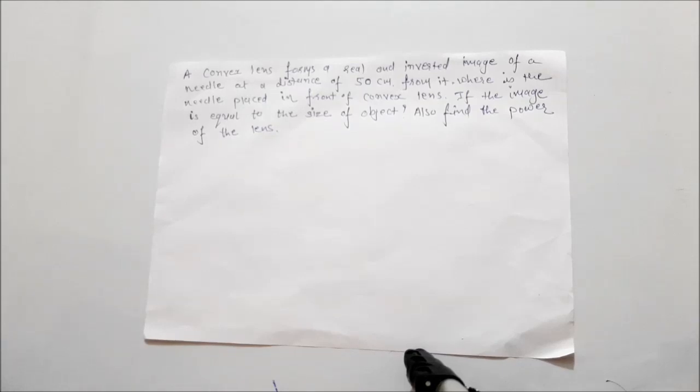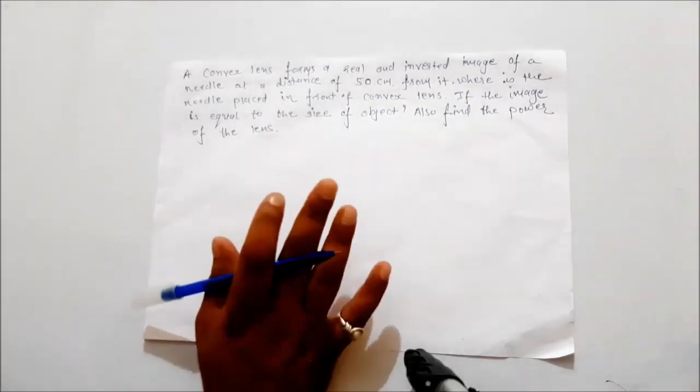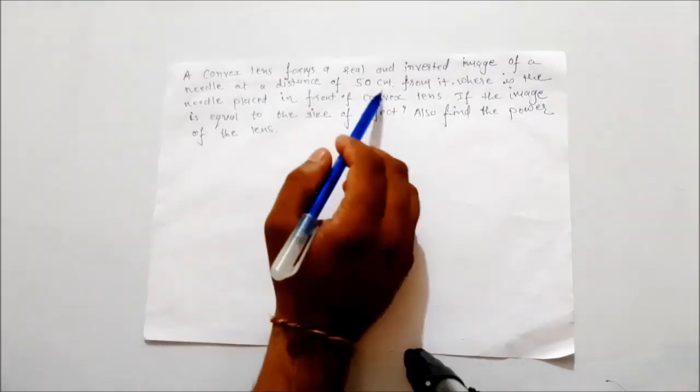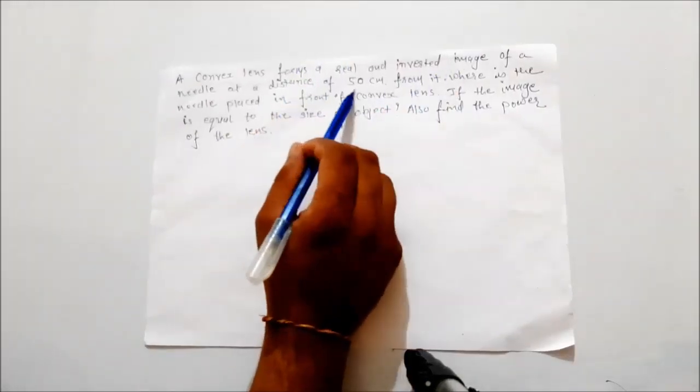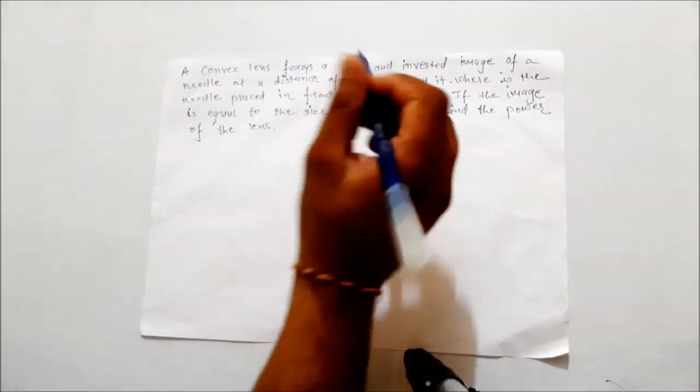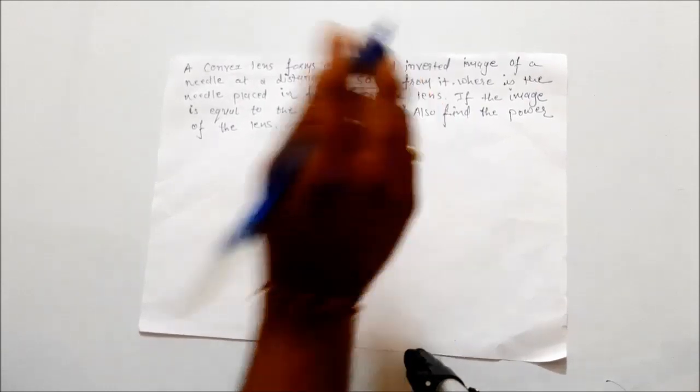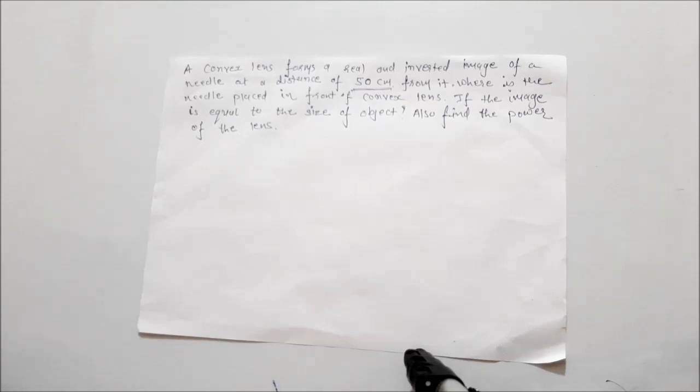So this 50 centimeter, the value which is given to us, shows that at 50 centimeter the image is formed. So this will be our image distance. Where is the needle placed in front of the convex lens? Means we have to find u.